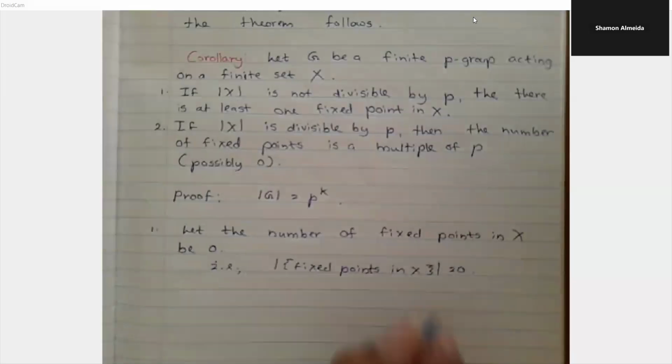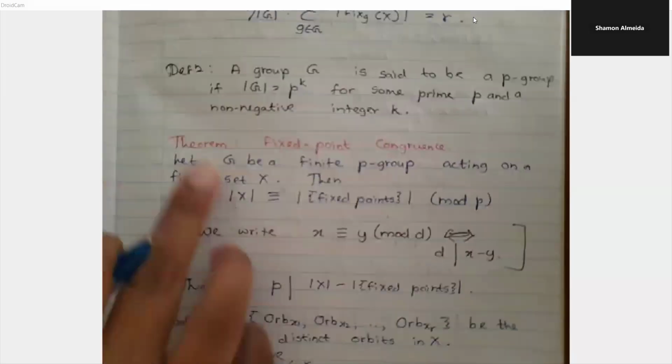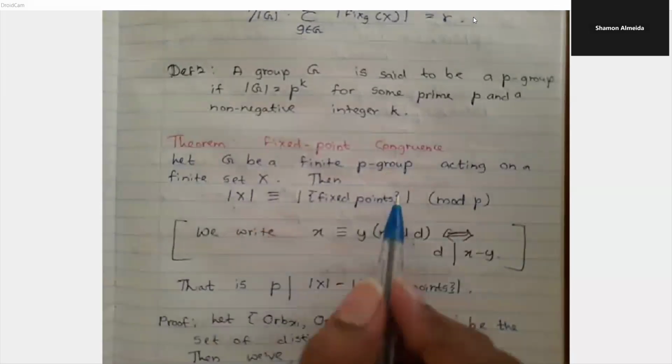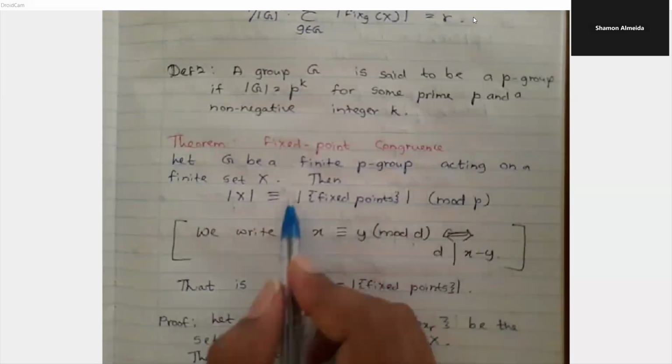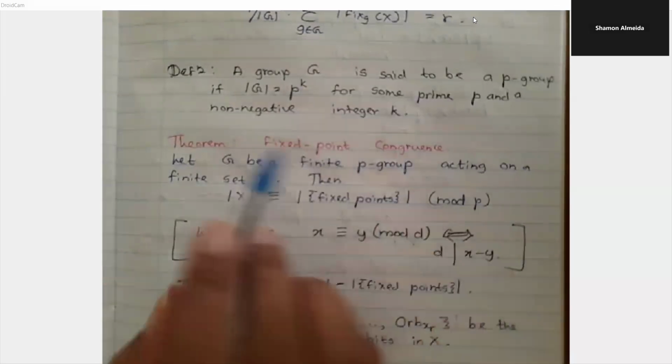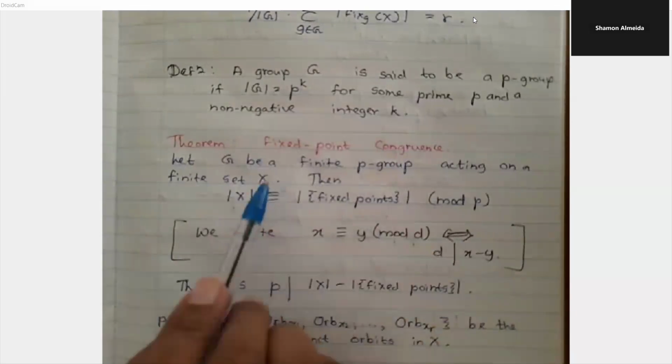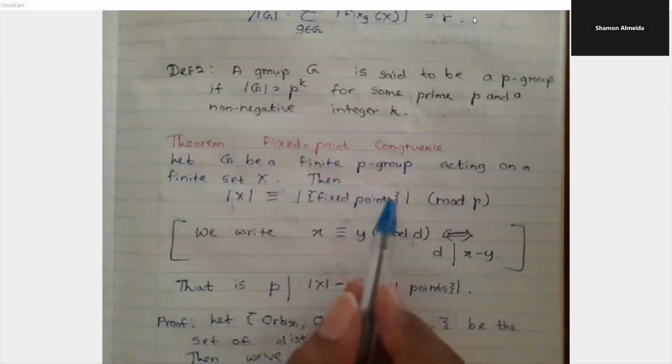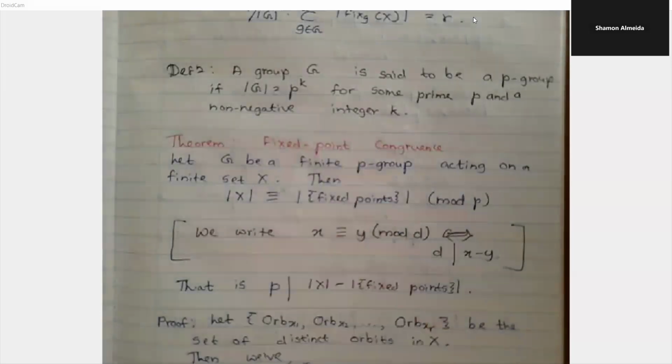If you go back to the fixed point congruence, now we have assumed that the number of fixed points is 0. This quantity is 0. So because G is a finite p-group acting on a finite set X, using the fixed point congruence, we can conclude the order of X is congruent to 0 modulo p.